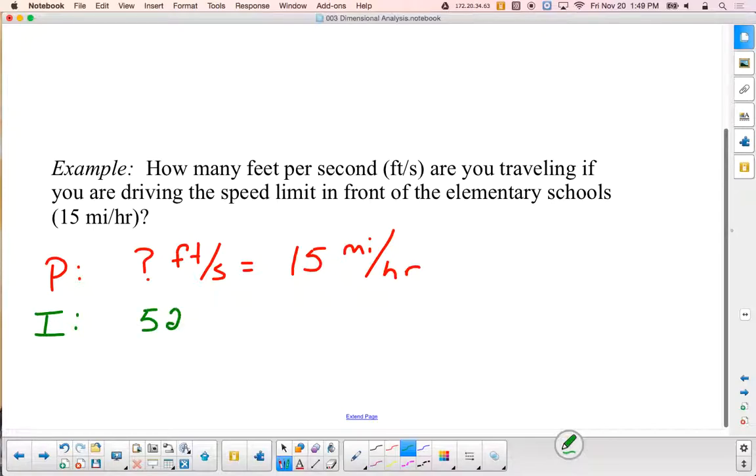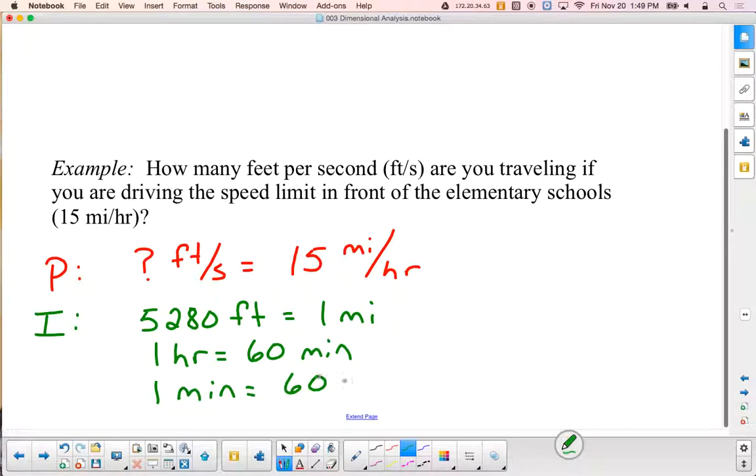There are 5,280 feet in 1 mile. And then I'm going to stop thinking about the numerator for a minute, and I'm going to think about the denominator. In the denominator, I need to go hours to seconds. 1 hour has 60 minutes, and 1 minute has 60 seconds.